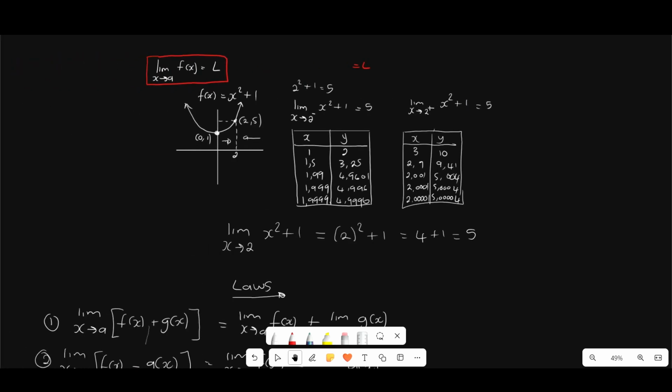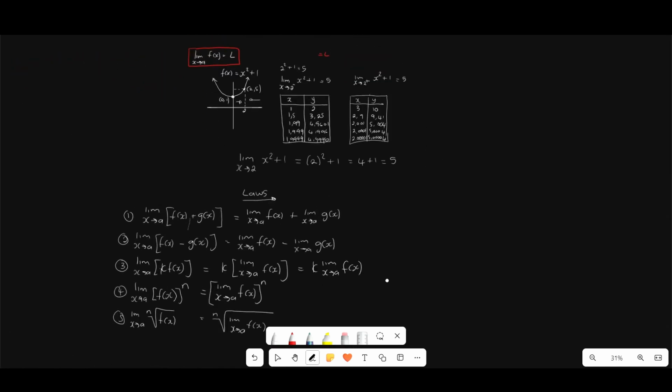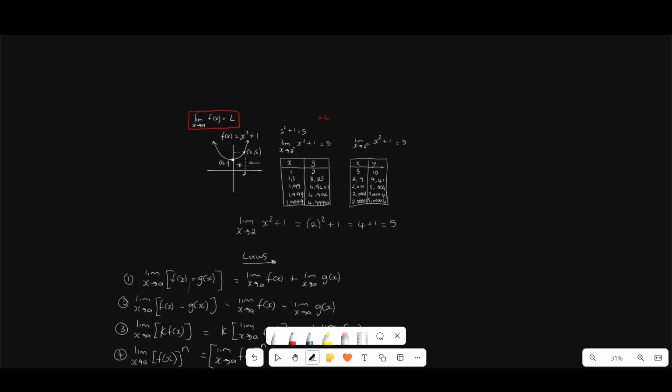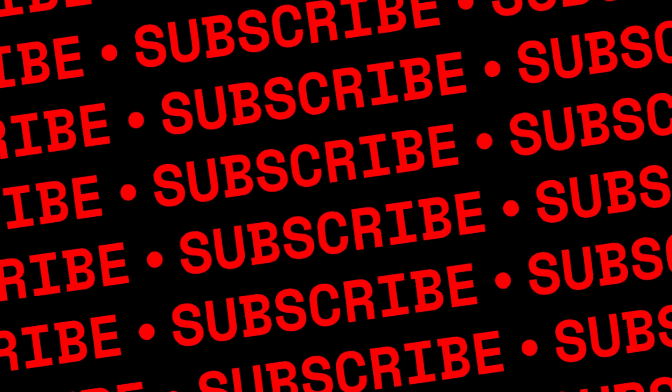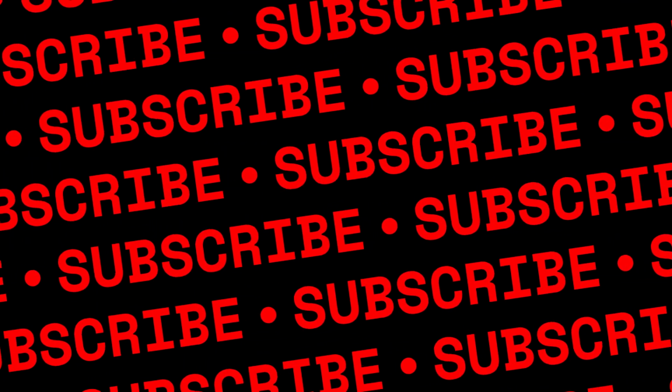We will look at more examples of limits in another video, but for now I want you to write down the basics first and understand what a limit is before you jump to conclusions. And memorize these laws, or rather understand the laws, as they are very crucial to know.